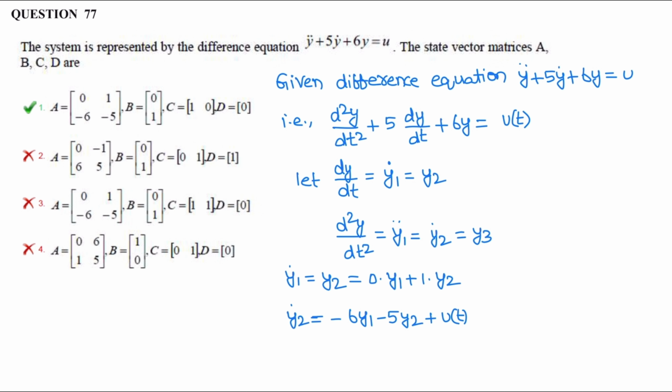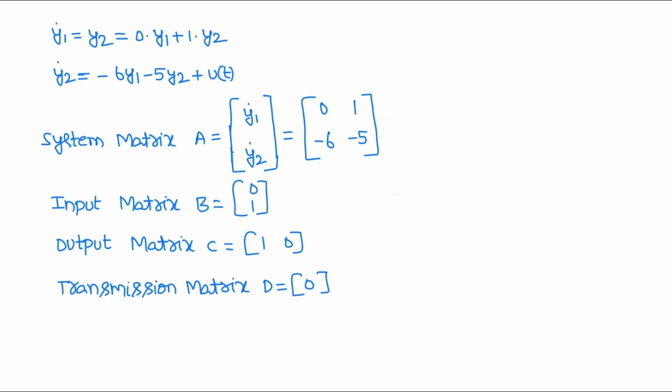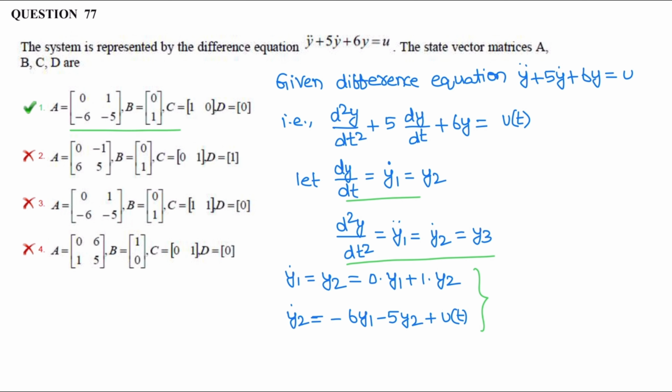Let y1 dash is equal to y2, which is dy by dt. d square y by dt square is equal to y1 double dash, y2 dash is equal to y3. So rearrange the expression in this form. Then we will have system matrix A, with y1 dash, y2 dash as a column matrix. We will get 0 1, minus 6 minus 5, and input matrix B is 0 comma 1. Output matrix C is 1 comma 0, and transmission matrix D is 0. Correct answer is option 1.